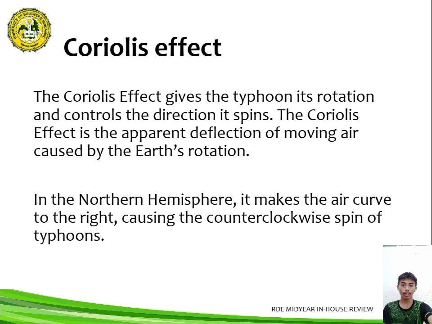Without the Coriolis effect, the air would just rush straight into the center and no rotation would happen. The Coriolis effect is weak near the equator, which is why typhoons rarely form within 5 degrees latitude of the equator.